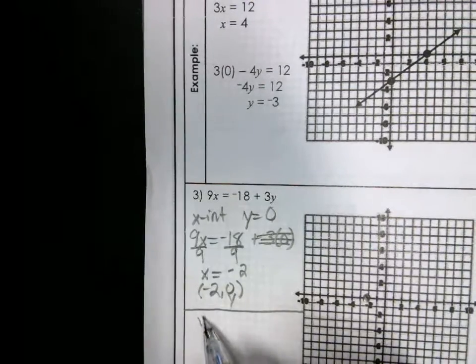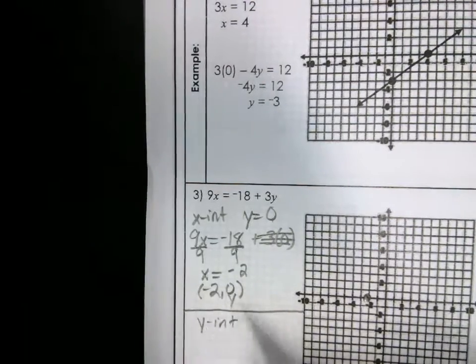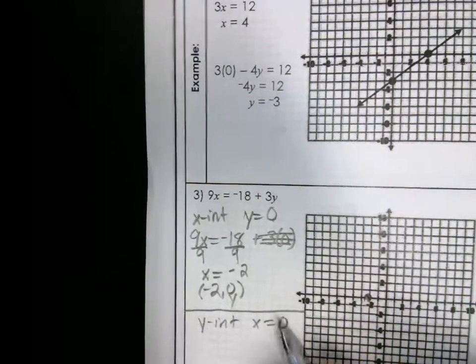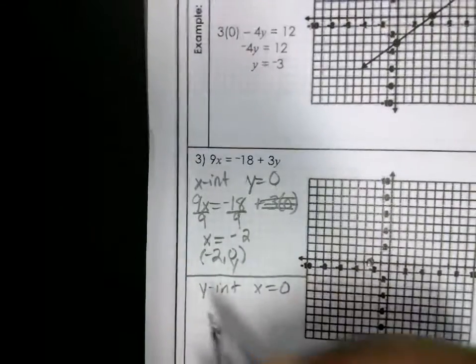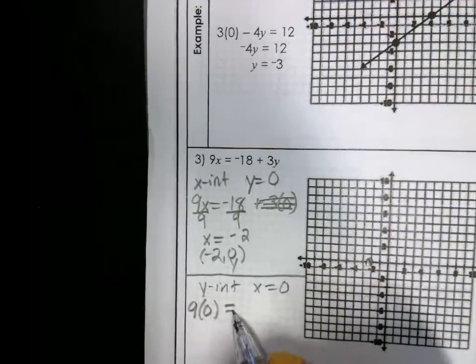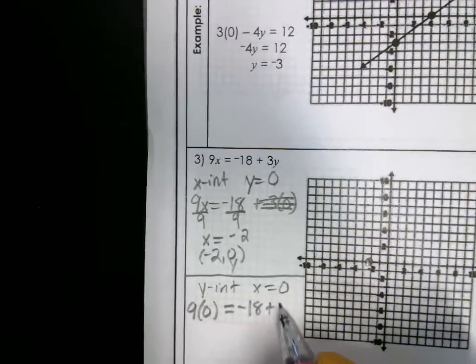Now let's find the y-intercept. With the y-intercept, x is equal to 0. Sorry, I lost my train of thought for a second. So we have 9 times 0 is equal to negative 18 plus 3y.